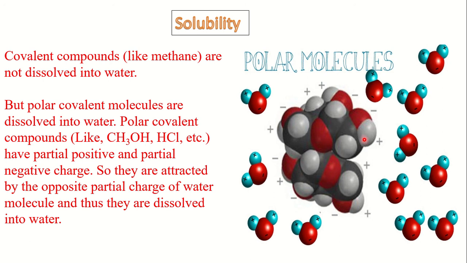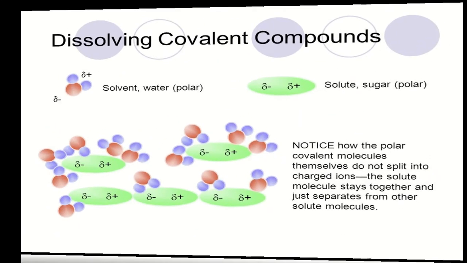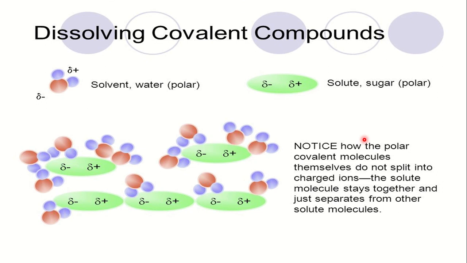So dear students, we can say ionic compounds are polar, so ionic compounds are soluble in water, but covalent compounds are not polar, so they are insoluble in water. But some covalent compounds like methanol, hydrochloric acid, hydrofluoric acid are polar covalent compounds, so they are dissolved in the polar solvent water.